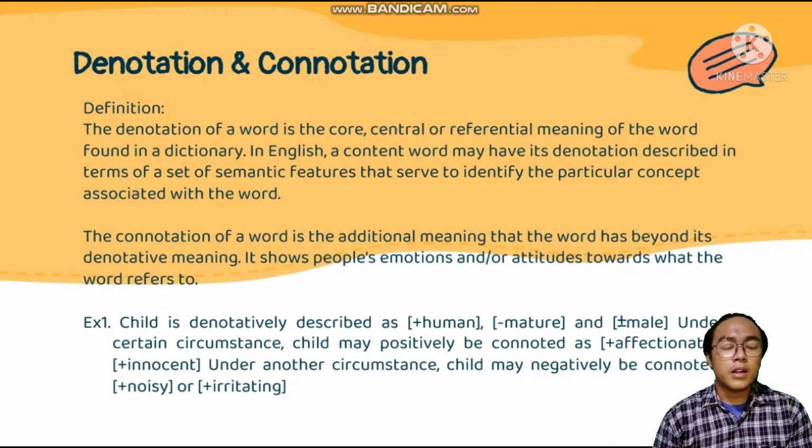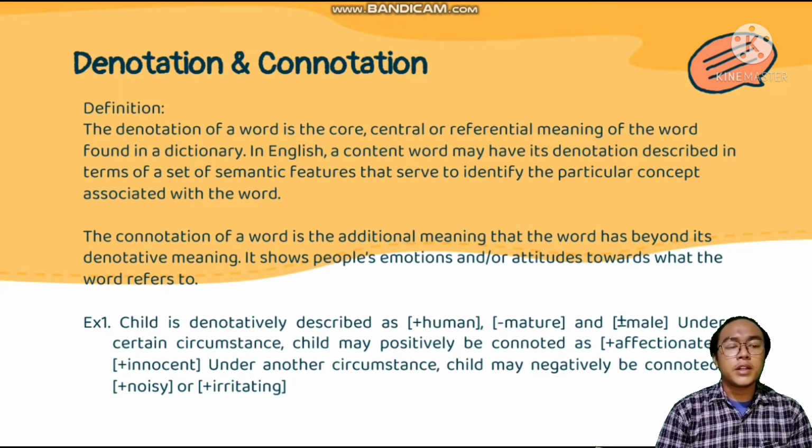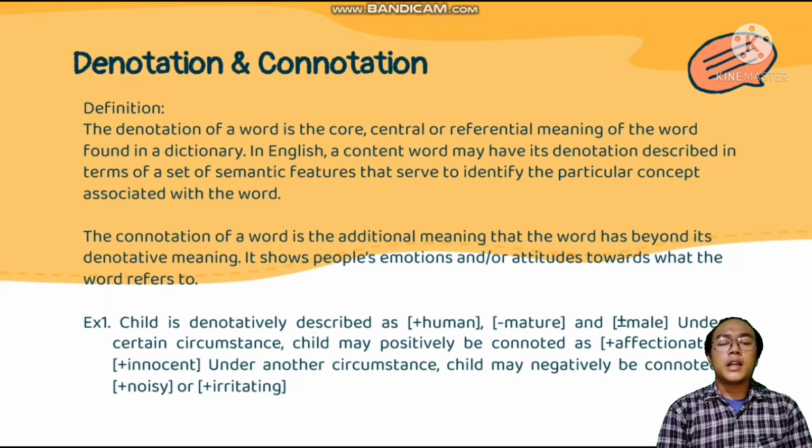For example, 1, child is denotatively described as human, immature, and male. Under a certain circumstance, child may positively be connoted as affectionate or innocent. Under another circumstance, child may negatively be connoted as noisy or irritating.